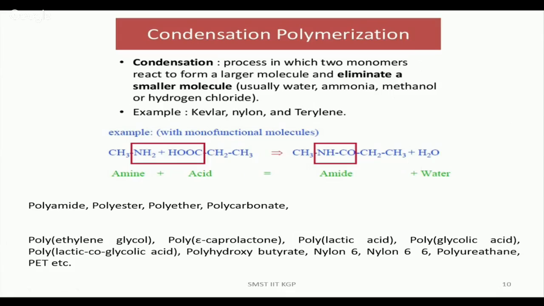They could be biodegradable if they are degraded by some biological means. Clear? There are plenty of biodegradable polymers: polyamides, polyesters, polyethers, and polycarbonates. Even nylon and Kevlar. You know Kevlar, right? For making bulletproof jackets, Kevlar polymers are used.